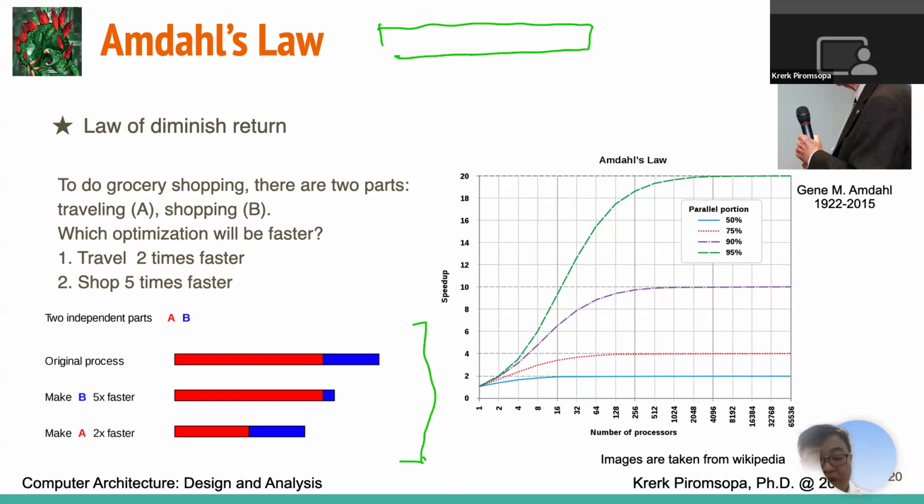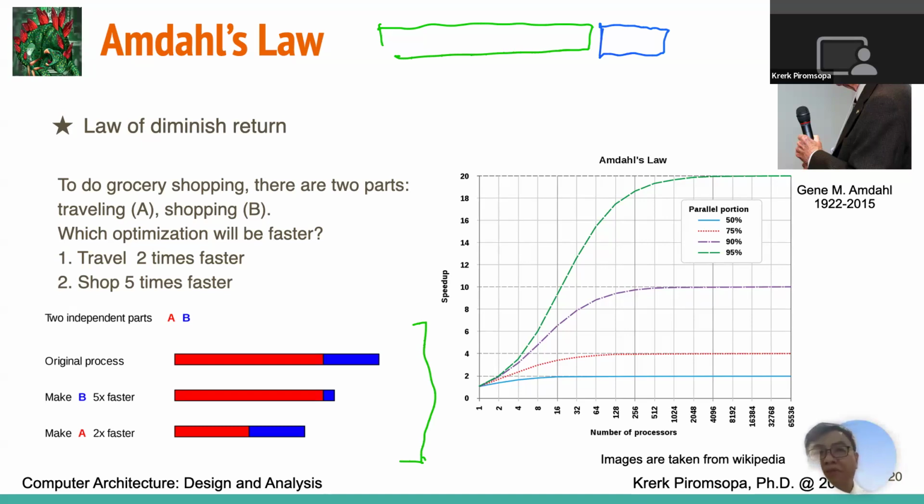In this example, I say go shopping. And there are several steps required to do that. In this case, the green is for the time that you have to drive from A to B, for example. And the blue is the time that you take in the supermarket, doing the shopping.